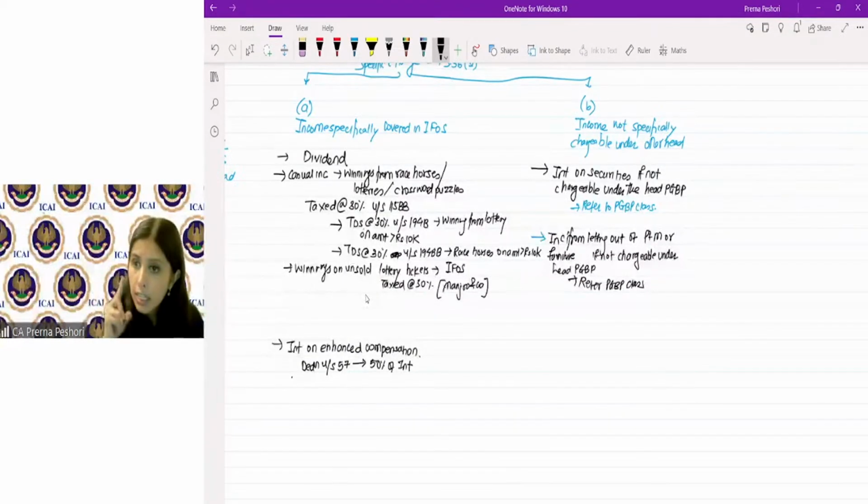Now here on the income from the other sources, the ICDS becomes applicable. Like the way we had ICDS applicable under PGBP, even under income from other sources, we have ICDS becoming applicable.